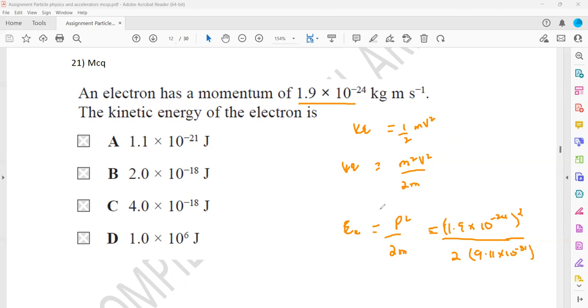The mass should be in SI units, so when we divide, we get 2 times 10 power minus 18 joules. So B will be the valid answer.